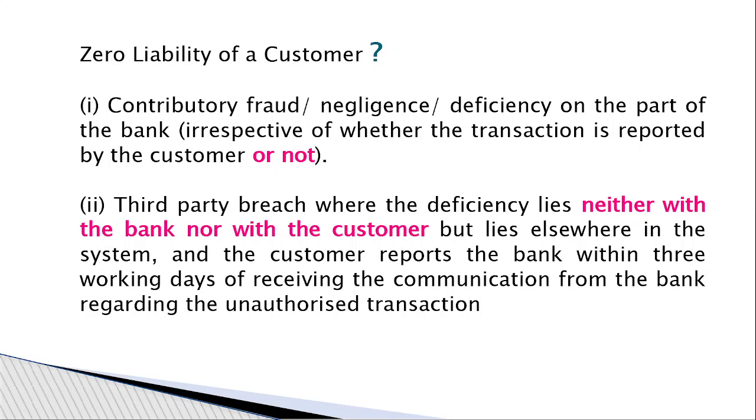This is not the responsibility of the bank or customer, but of a third party. If the customer reports to the bank within 3 working days of receiving the communication from the bank, then there is zero liability for the customer. Whatever unauthorized transaction happened, that amount will be reversed.